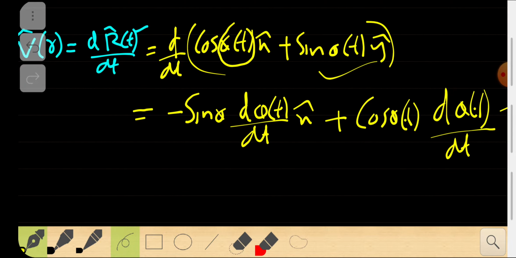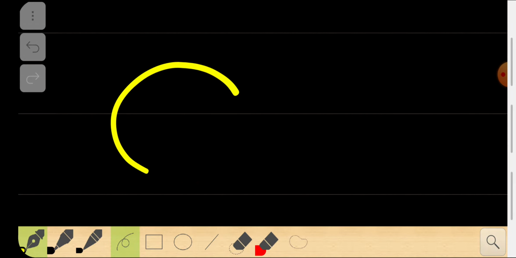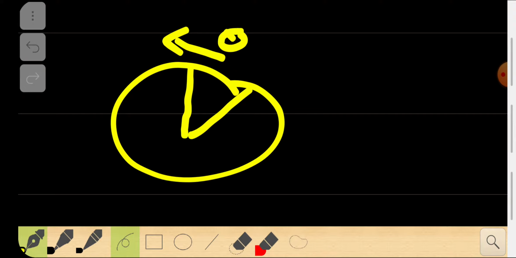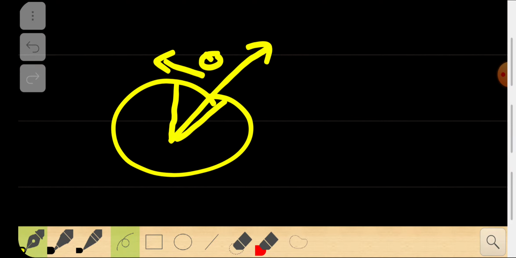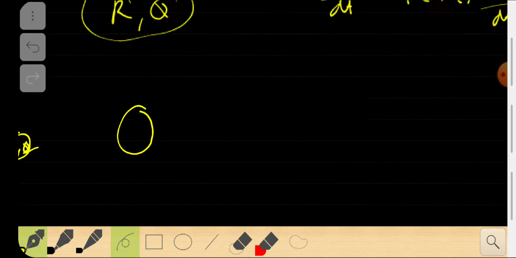If you have a circle like this, one velocity will be in the radial direction, that is this direction, and the other one will be in the angular direction, which is theta cap. So just as there is velocity in terms of two axes x and y, similarly there is r and theta. So there is change in velocity in the r direction and theta direction as well. So we have to find them both, right?